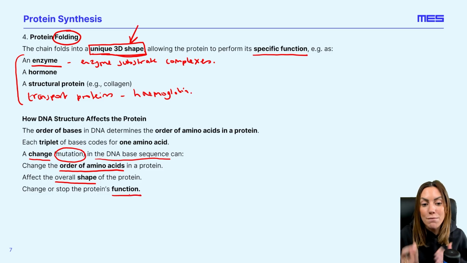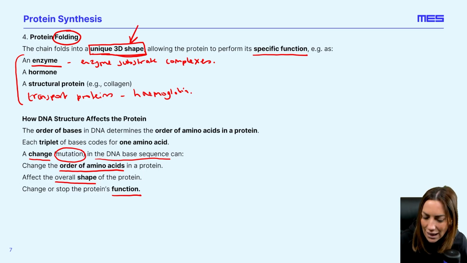In fact, it could mean that the protein cannot function. It's a non-functional protein. Now, not all mutations have this effect, just to be clear. Many mutations will have no effect on the overall shape of the protein and no effect on protein function. We call them silent mutations if you're interested.